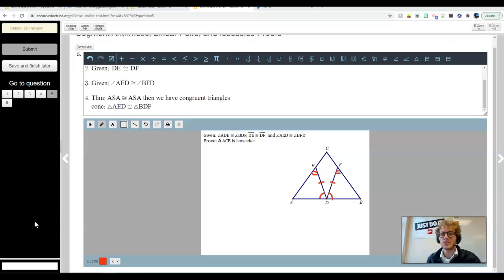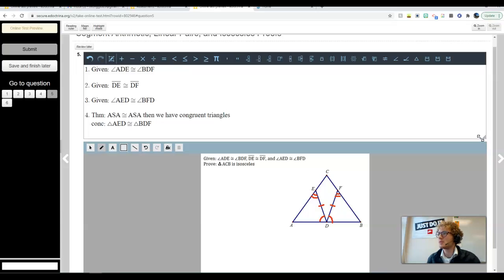Alrighty. So as you can see here, I've done my three givens. They were all freebies. I proved my triangles congruent using angle side angle. So now, if we remember back, an isosceles triangle is a triangle that has either two congruent base angles or two congruent sides.